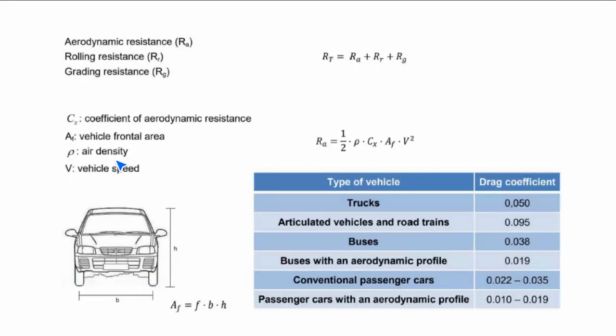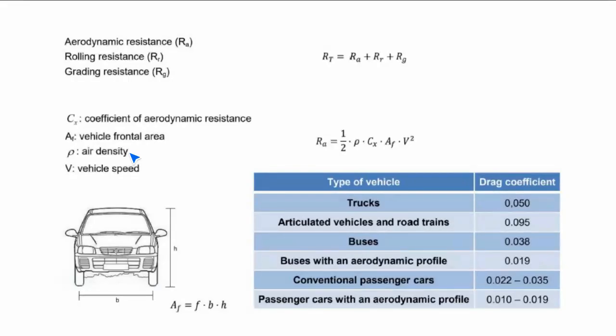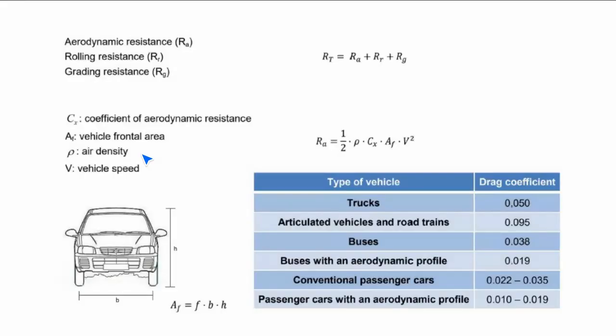Rho is generally accepted as 1.225 kilogram over meter power 3. This value varies with altitude and kinematic viscosity, but in your calculation, you can assume 1.225 kilogram over meter power 3.